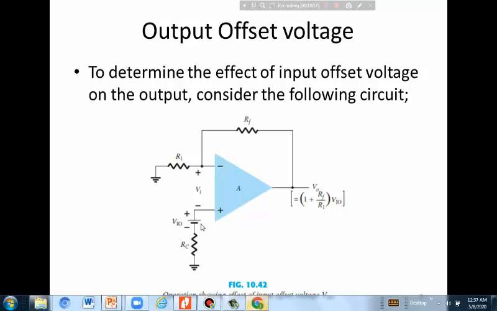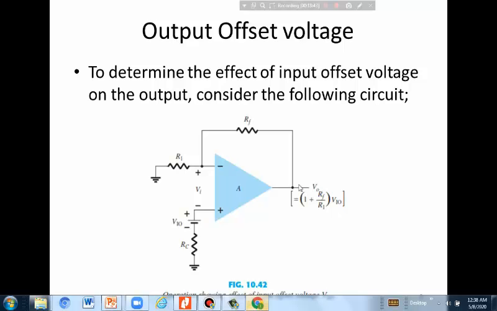This is a DC source of value 1 millivolt to 6 millivolt for a 741 op-amp. And if this much voltage appears at the input, then what would be the output? We are taking it at the non-inverting terminal.